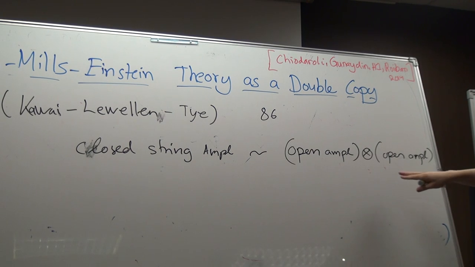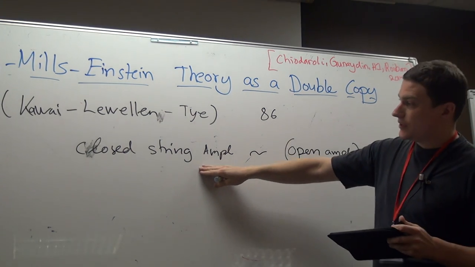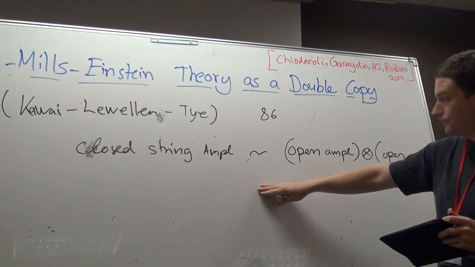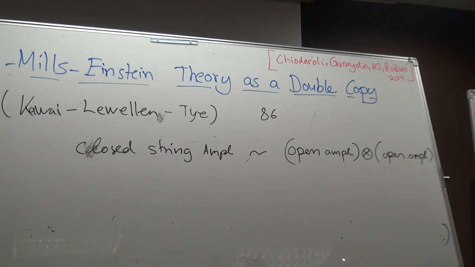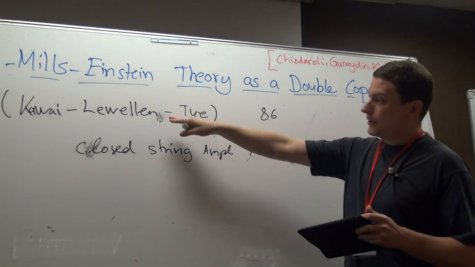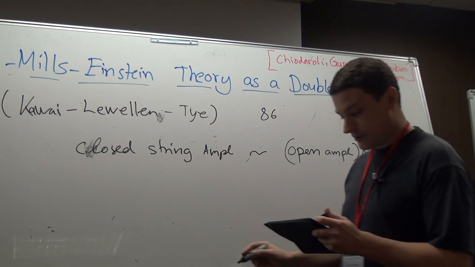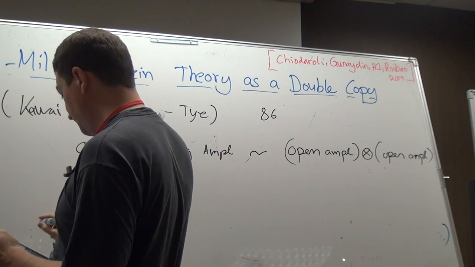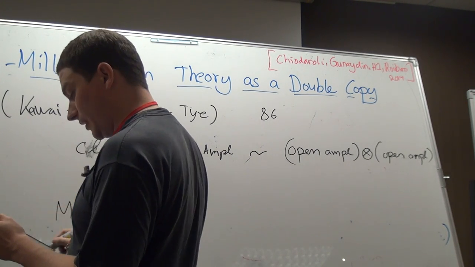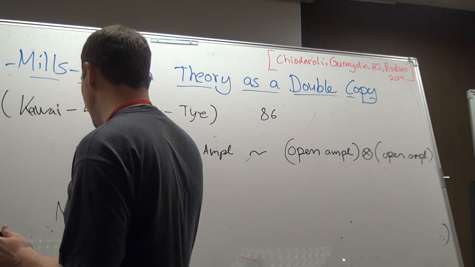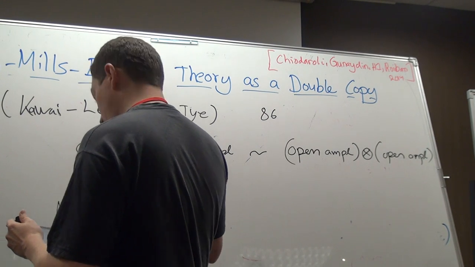In particular, what you can see is that for the free string, this is sort of obvious, that the closed string can be decomposed into a left-moving open string and a right-moving open string. But furthermore, they did it for the interacting case, for the S matrix. And in particular, you can get relations such as the one that I wrote there, but a more standard way of writing it is just to do this.